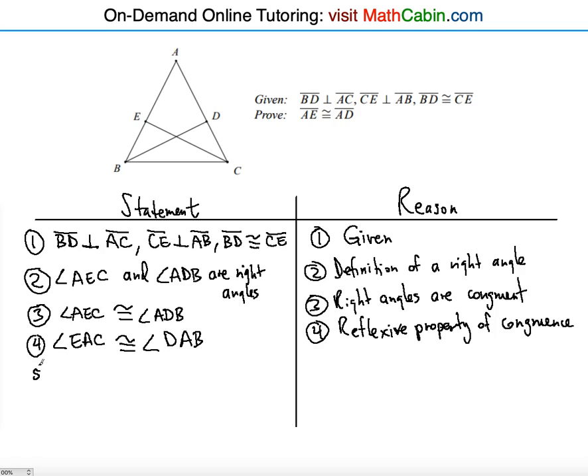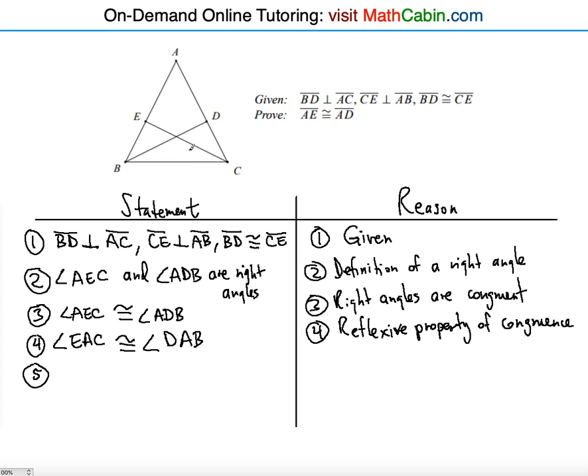Okay, so now the next part. We already showed that we have angle similarity for sure. But what about the side? We also have a side already ready for us, right? Because BD, which is part of this triangle, is congruent to CE, the side that is part of that triangle. We're trying to show congruence of these two triangles.